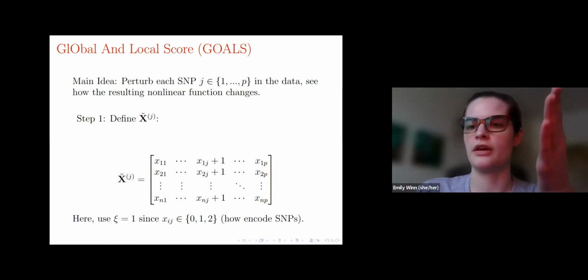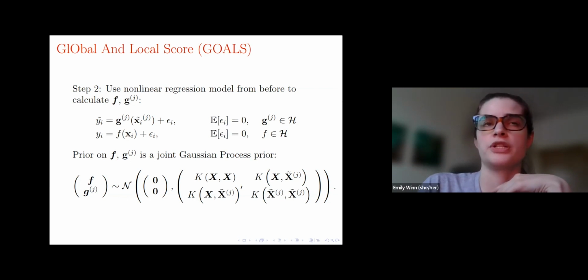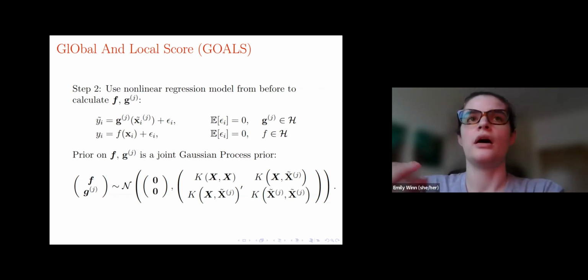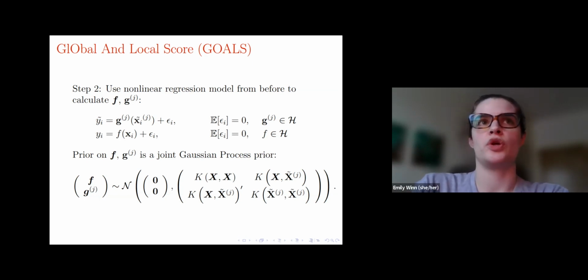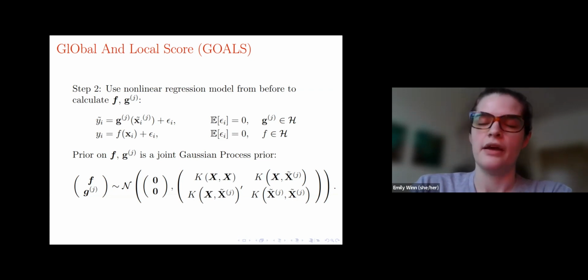So we've got our x tilde of j. We're then going to use a nonlinear regression model from before to calculate f and g of j. So f is going to be exactly the same, and then g of j is going to be with x sub i tilde, plus an error term. And these functions, I forgot to mention earlier, are both in a reproducing kernel Hilbert space.